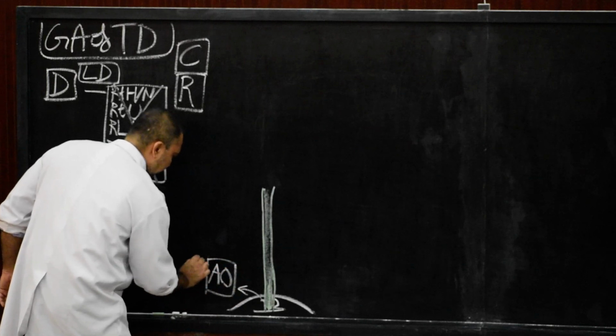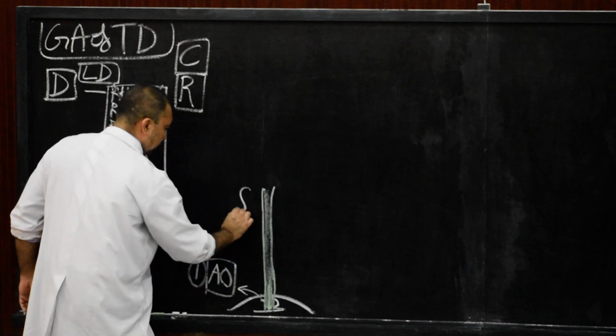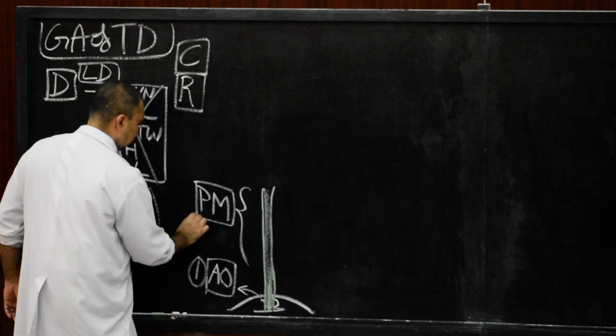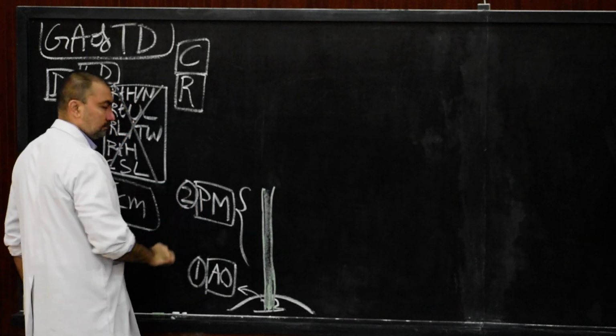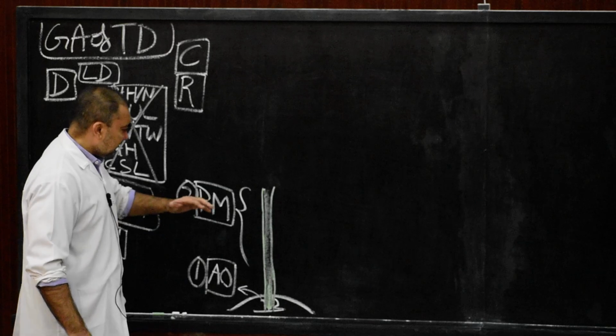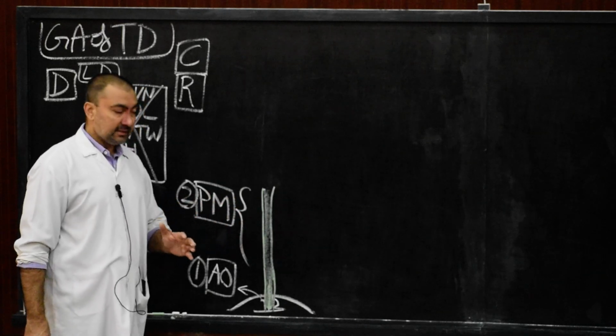This is stage 1. Second will be the posterior mediastinum, and this will be stage 2. These relations are very important in thoracic duct. Try and understand with the help of the line diagram, it will be very easy.